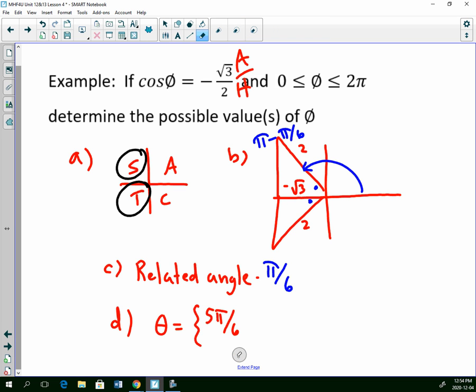And then in quadrant 3, I am past pi. So in quadrant 3, I'm going to take pi plus the related angle because I'm past pi, right? I'm more than pi. So pi plus pi over 6 is 7 pi over 6. So 5 pi over 6 in quadrant 2, 7 pi over 6 in quadrant 3.